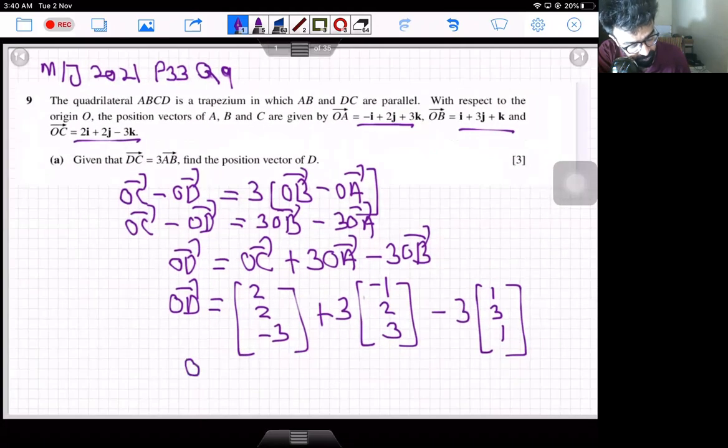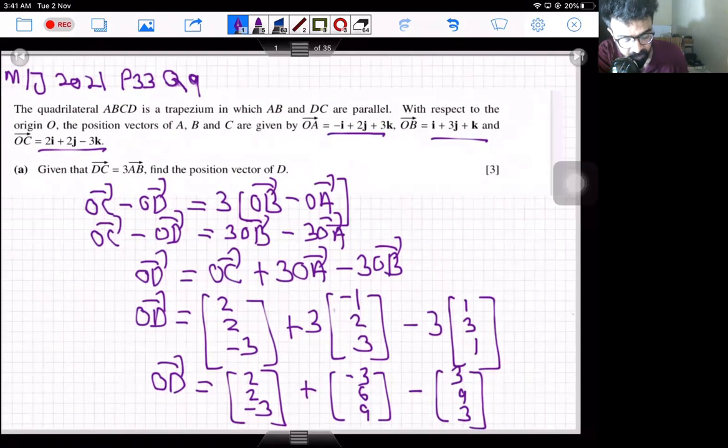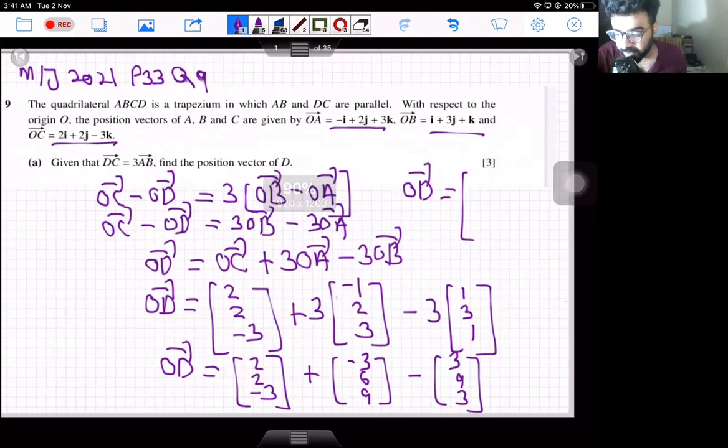So OD vector is supposed to be 2, 2, minus 3, and then plus minus 3, 6, 9, and then minus 3, 9, 3. So for OD vector, just add up all the x components, y components, and z components respectively.